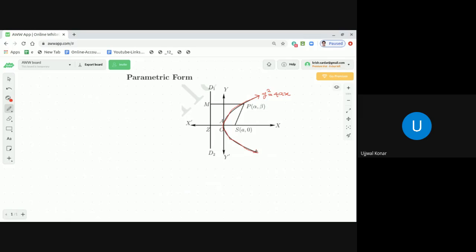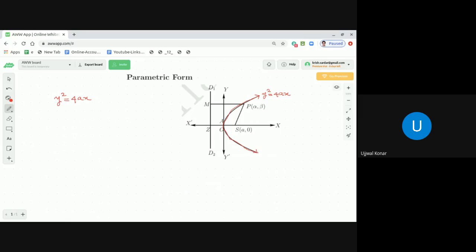Now we are going to discuss the parametric form of this parabola y square equal to 4ax. In our previous classes also I discussed the significance of having a parametric form.